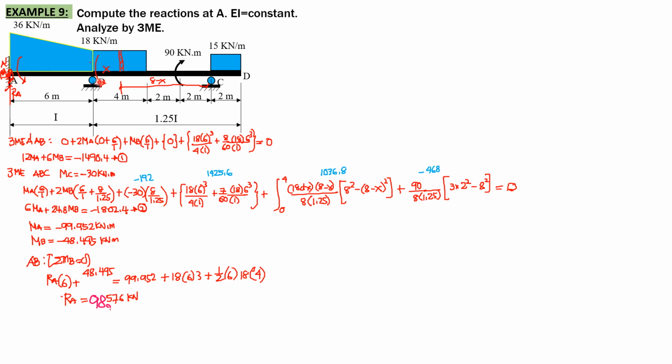So RA times 6, which is clockwise, summation moment B, plus moment at B, which is 48.495, equals moment at A, which is counterclockwise because it is negative 99.952, plus moment of the uniform load 18 times 6 times 3 plus moment of the triangular load 1/2 of 6 times 18, 2/3 of 6 is 4. From here, we can compute RA, 98.576 kilonewtons upward.